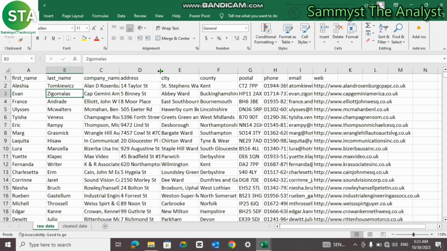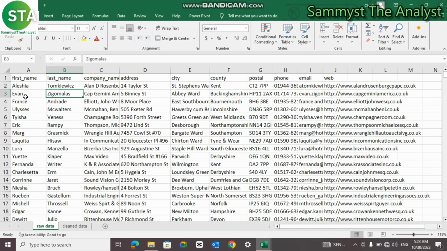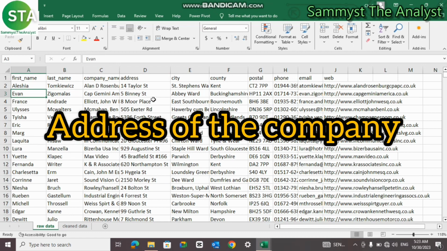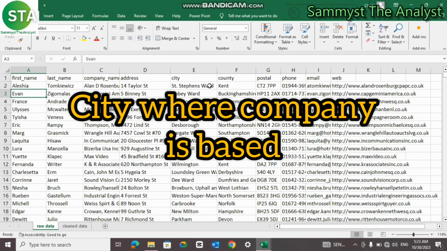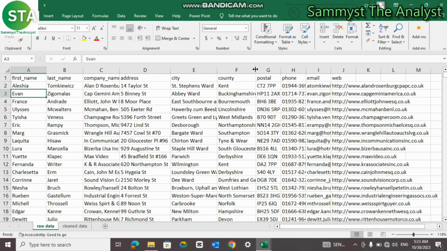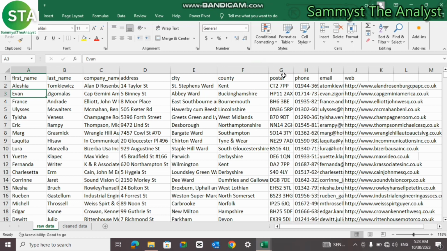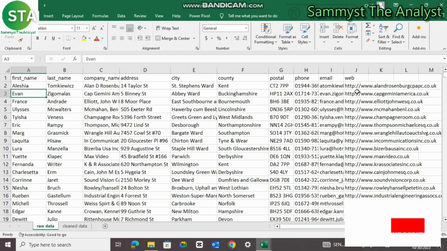And then the address of the employees, then the city where the employee stays. You see county, postal codes, phone numbers, emails, and email address of the company.